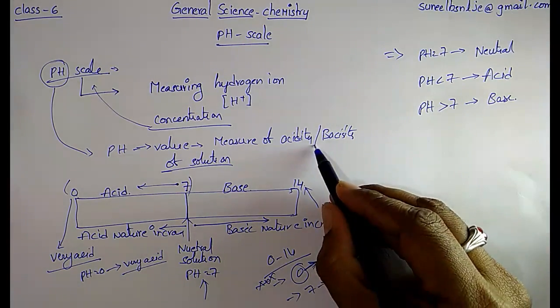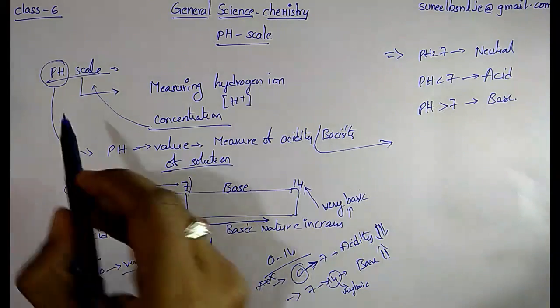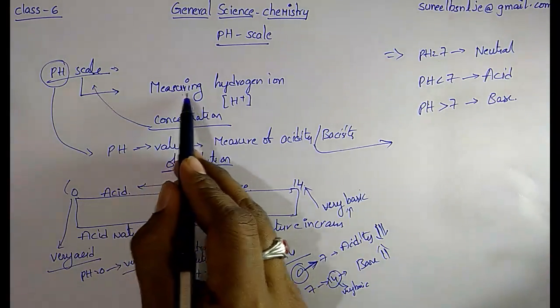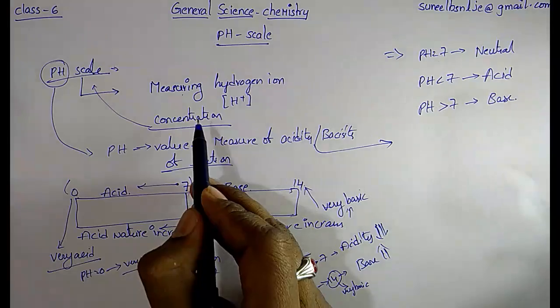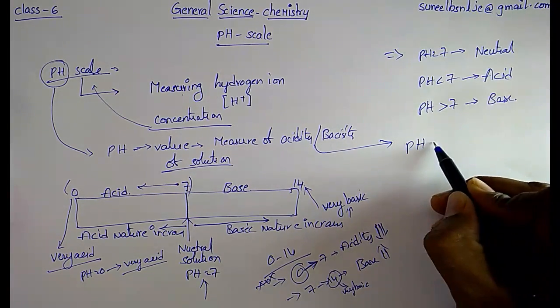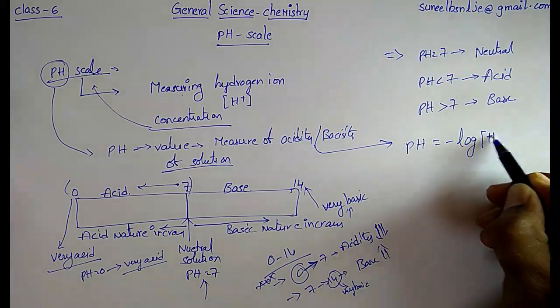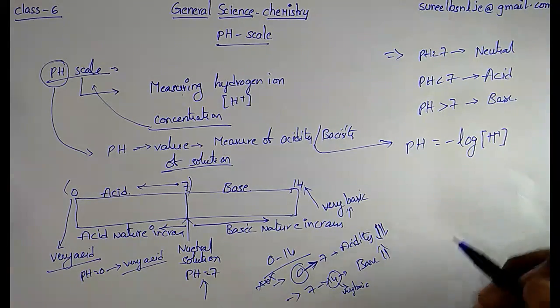And we also have one formula for the pH value. What is the definition of the pH scale? It is the measure of hydrogen ion concentration. From this definition, there is one formula: pH equal to minus log H plus ion concentration.